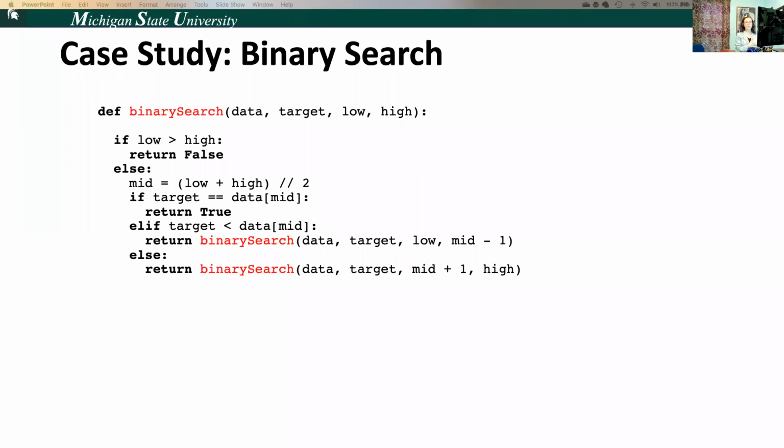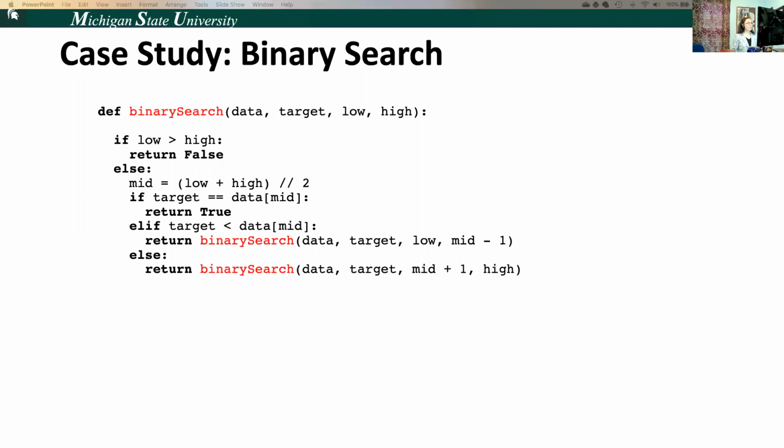And I have 2 additional parameters, because as I partition my given container into halves, I'm keeping an eye on the indexes from the beginning and the end of that container. That's what the low and the high are for. So if the index of low surpasses high, we are done. We are going to return false. We didn't find what we are looking for. We went through the whole list and didn't find what we are looking for.